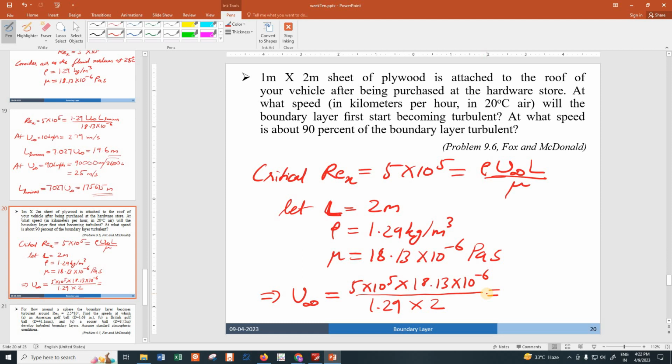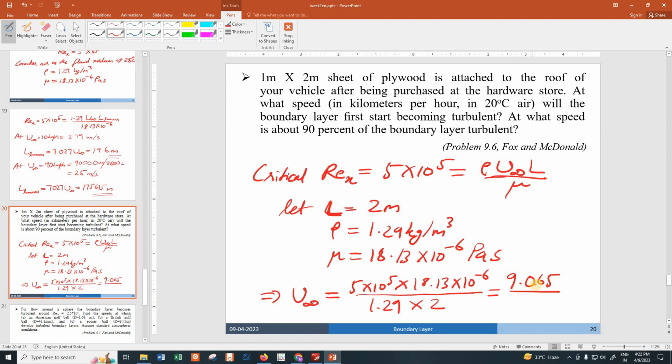So this would become 18.13 into 5, divided by 1.29 into 2.